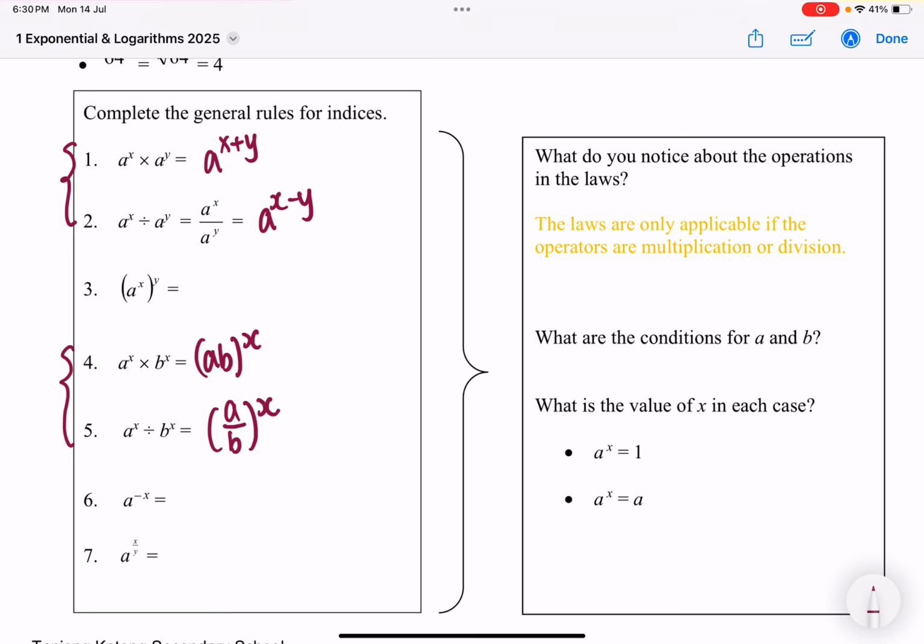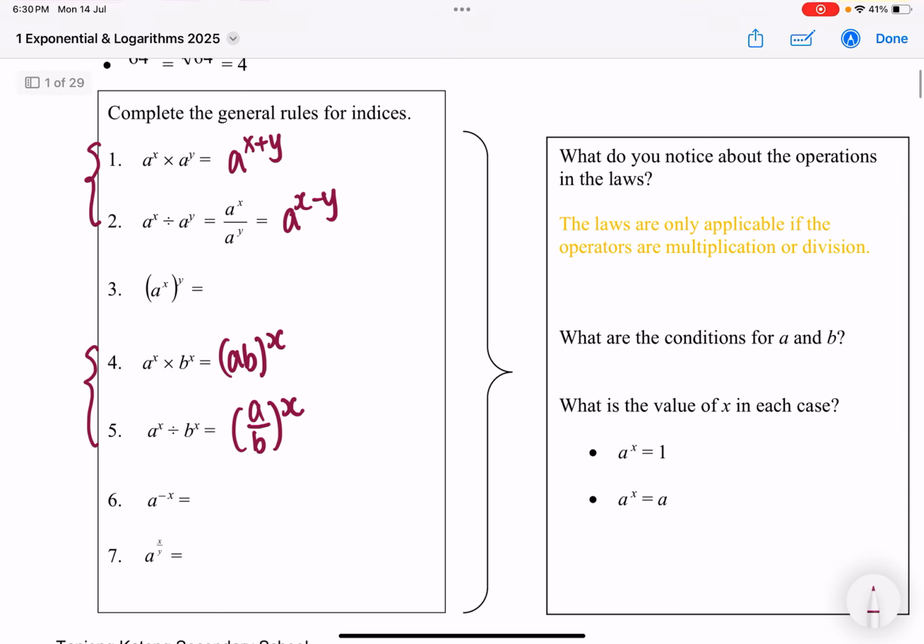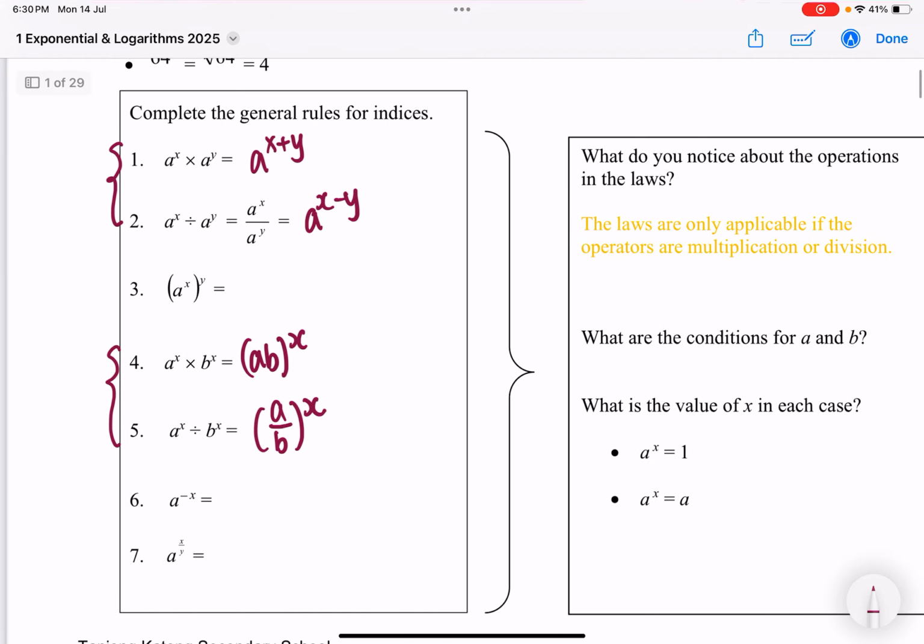So in these two sets of rules, one of the things I want to highlight is how we can categorize these rules. Do you see that these first two rules can be applied as long as we are looking at the same base? So if the base is the same and we are talking about either a multiplication or division, we can apply rules 1 and 2.